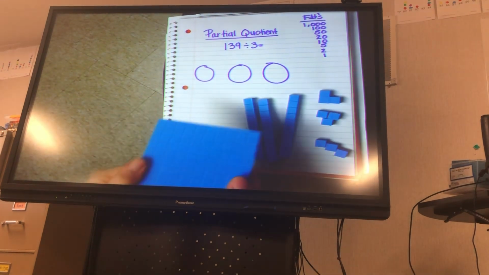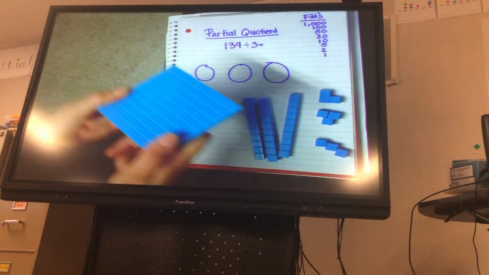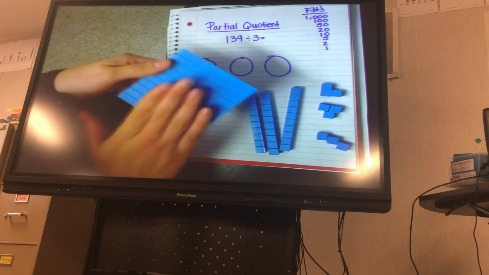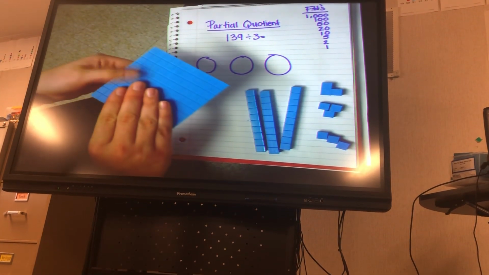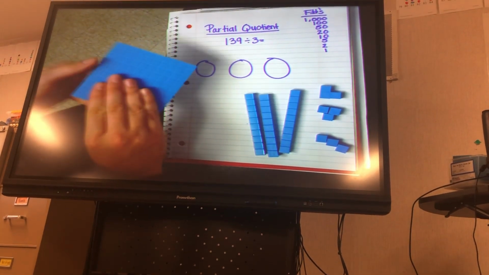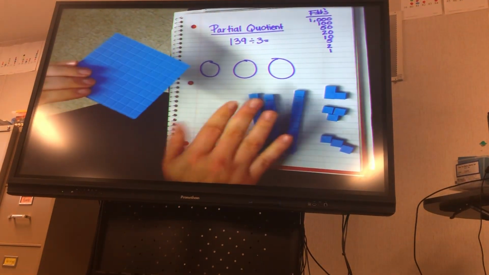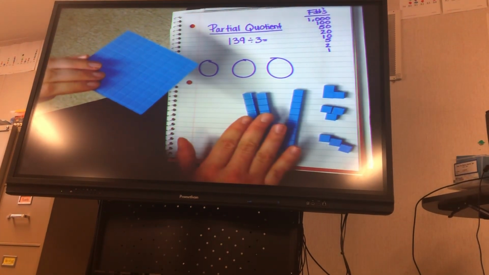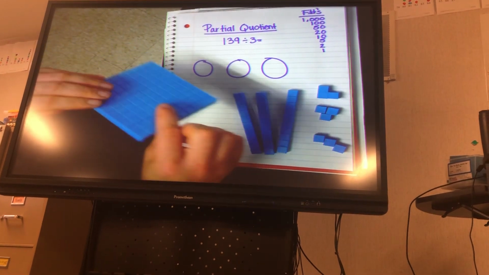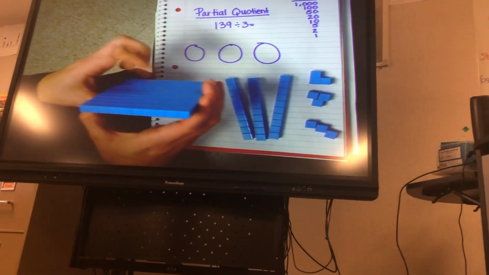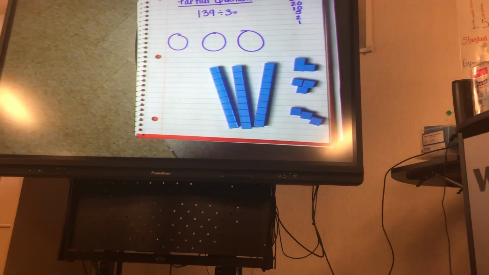Now, if I want to start dividing this out using my big chocolate square, I only have one of these. So what can I do with my big chocolate square so that I can divide it between my 3 friends? Shamar? Split it. Into what? Chocolate bars or chocolate pieces? I'm going to trade this in. Do you guys know how many? 10. So let me trade that out for 10.